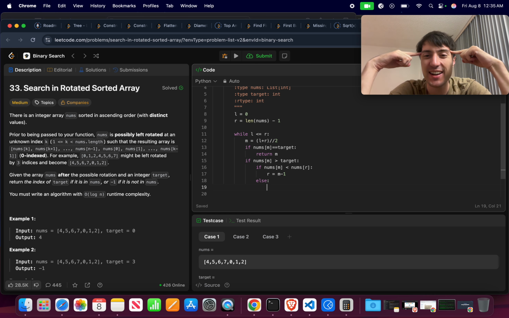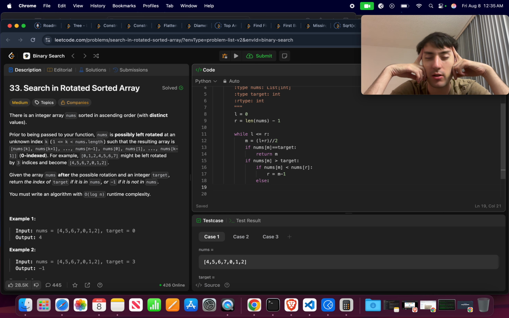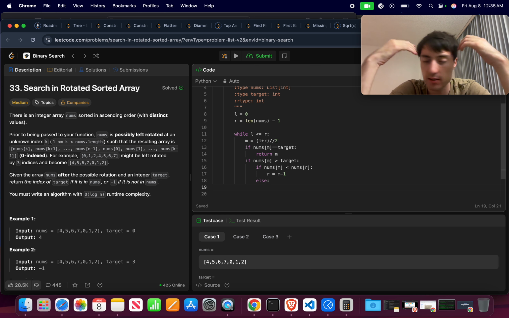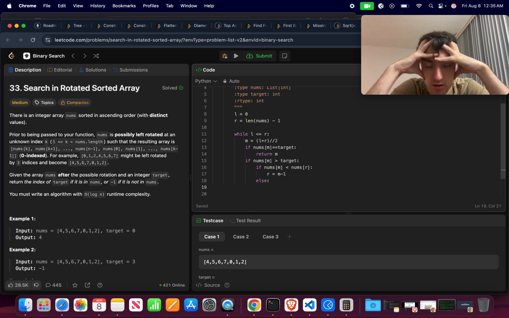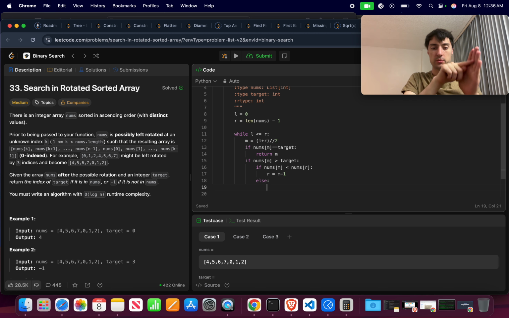Just thinking back, does my bounds give me any information? It's going to be something like this, and then maybe like this. Here's my mid, and then it goes down, and then like that.